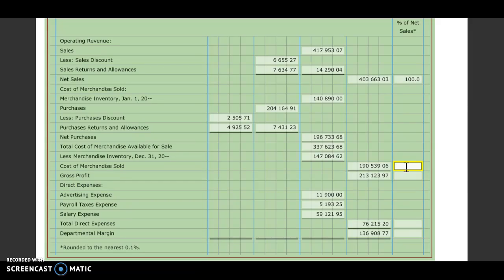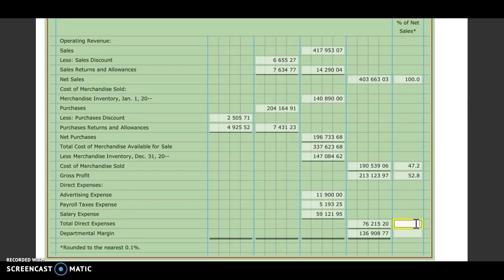Now we're going to take our cost of merchandise sold divided by our net sales, and we should get 47.2%. Next one, gross profit divided by net sales. We should get 52, and we're going to round up on that one, 0.8.